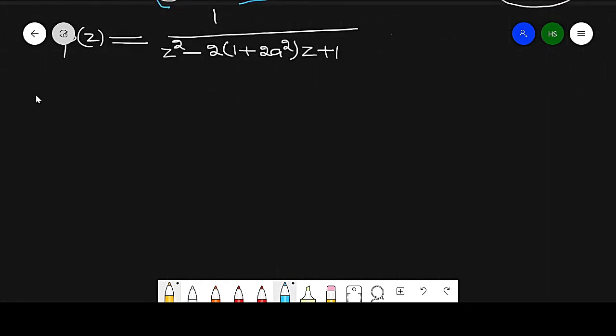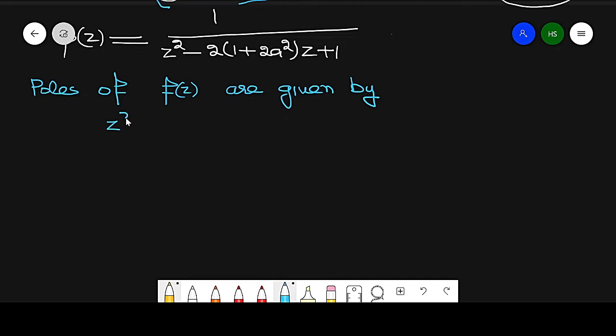First find the poles. The poles of the function f of z are given by z square minus 2 into 1 plus 2a square z plus 1 equal to 0. So it is a quadratic equation, it has two roots.